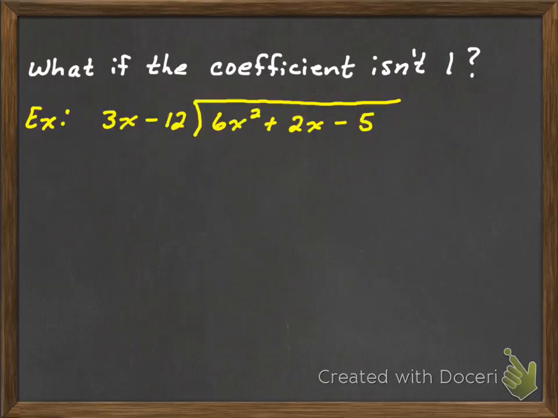All right, so what if your coefficient is not 1, but your exponent is? If your coefficient is not a 1, we can make it a 1 by simply dividing every term in this problem by that coefficient. So we're going to divide everything in this problem by 3.